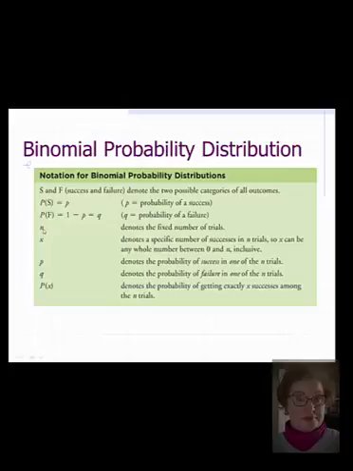The lowercase n tells us how many trials we have, how big our sample is, and x is the specific number of successes in the trials. And then P of x is the probability of getting exactly x successes among the trials that we're going to look at.